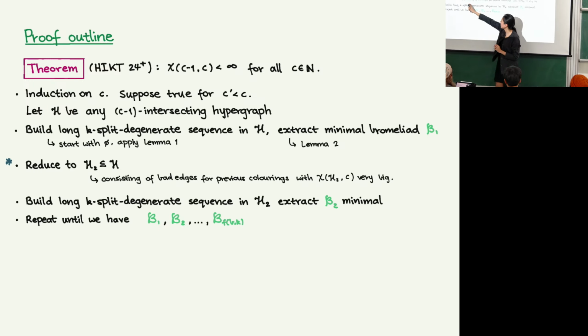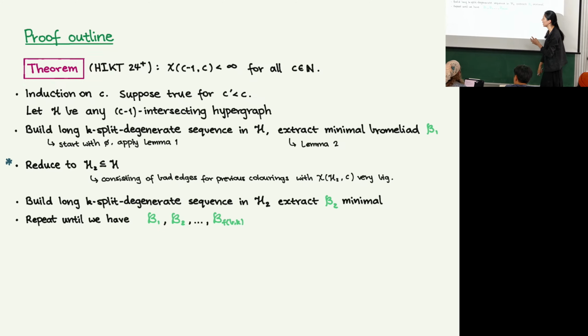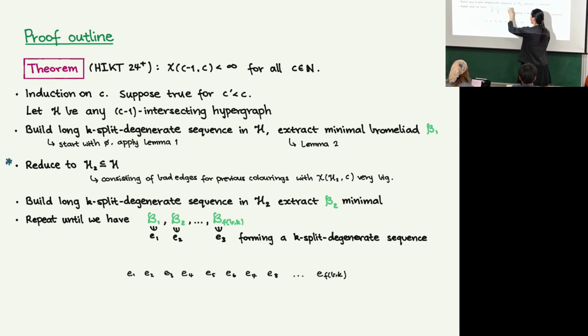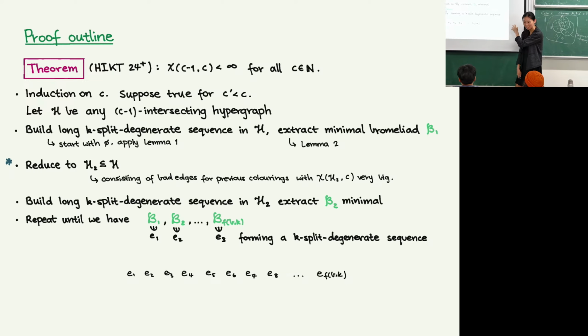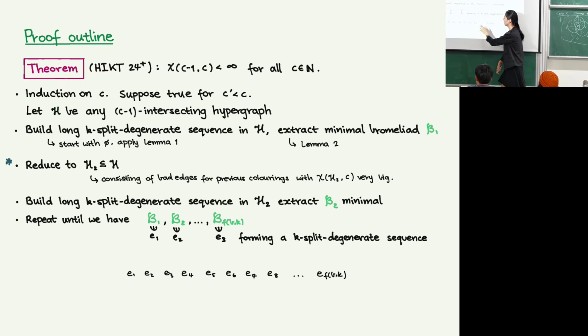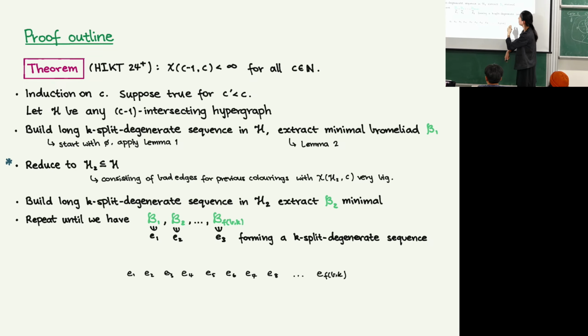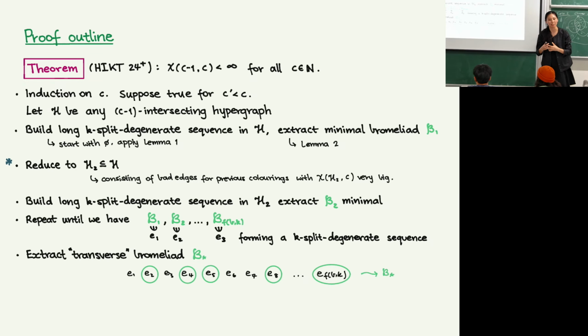And what I've hidden here is I'm actually choosing this H2 in such a way that I can take an edge from each bromeliad, and they will actually form a k-split degenerate sequence as well. Okay, so then I have this sequence of edges, it's FBK long. I do another application of lemma 2 to extract a transverse bromeliad, is what we call it.